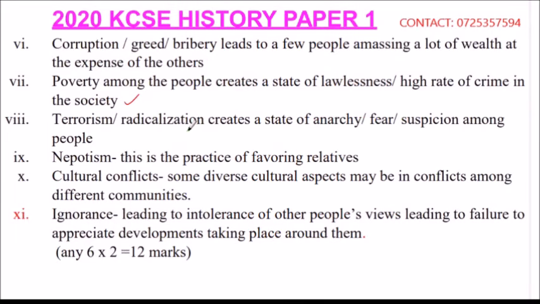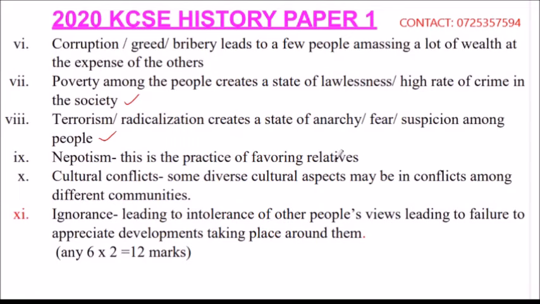Number 8, terrorism, radicalization creates a state of anarchy, fear, suspicion among the people. So we have terrorism, like those that are being radicalized, going to Somalia to join militia groups that sometimes come back and attack the citizens. So that creates anarchy, fear, suspicion, a challenge in national unity.